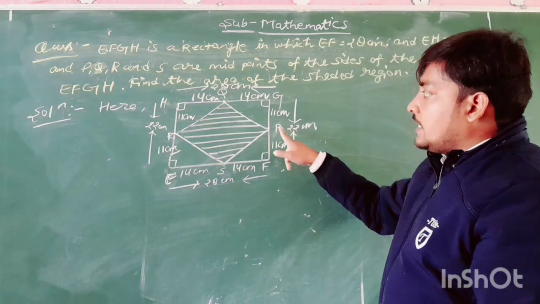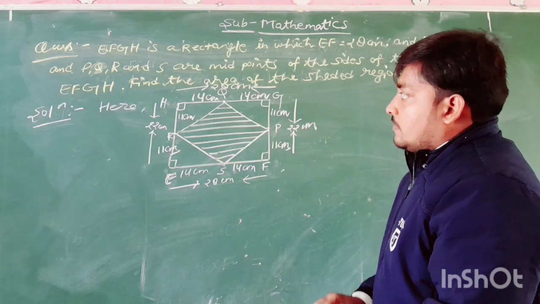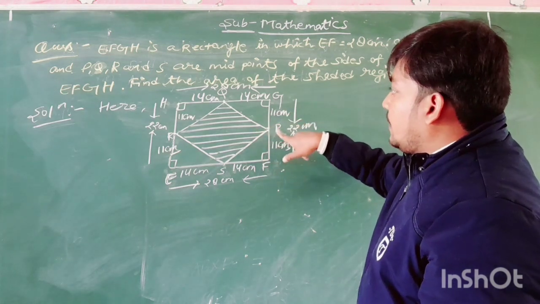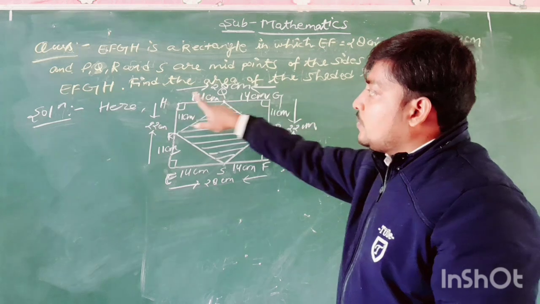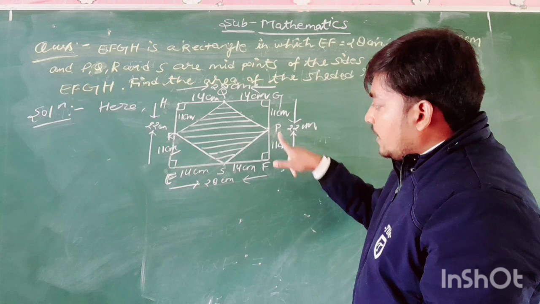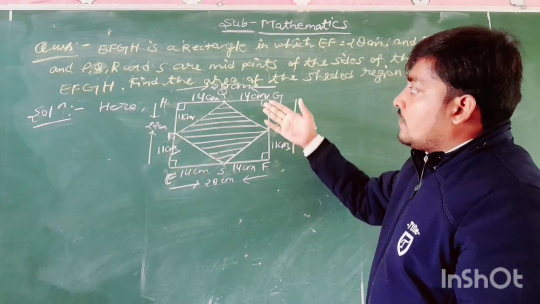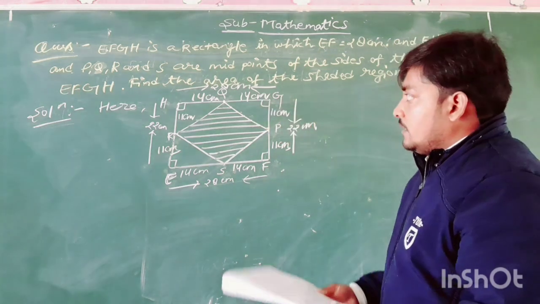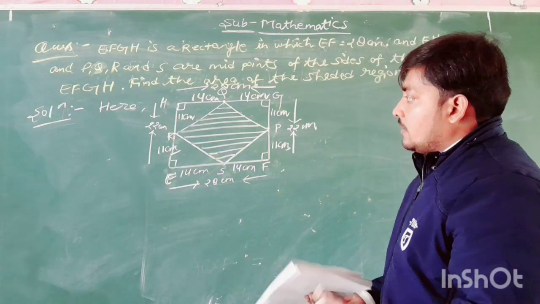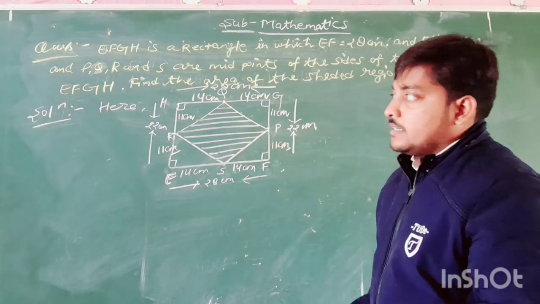If we subtract the areas of these triangles, triangle PGQ, triangle QHR, triangle RES and triangle PFS, from the area of the rectangle, then we get the area of the shaded region.